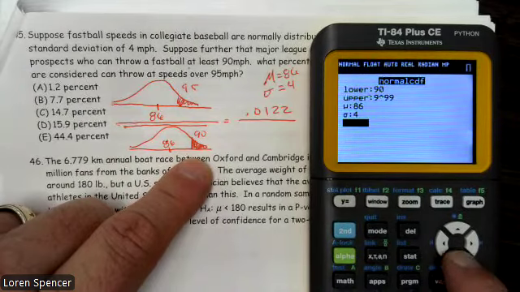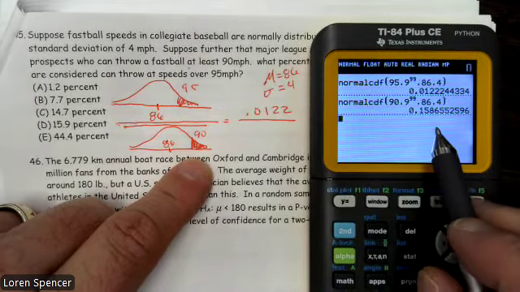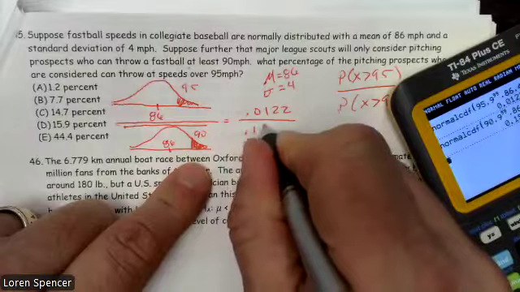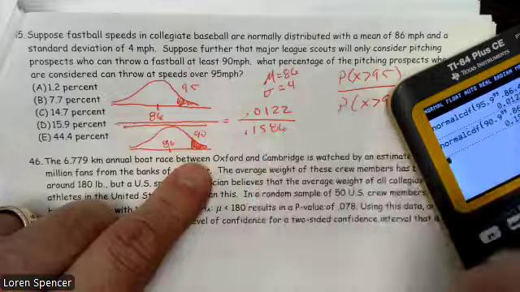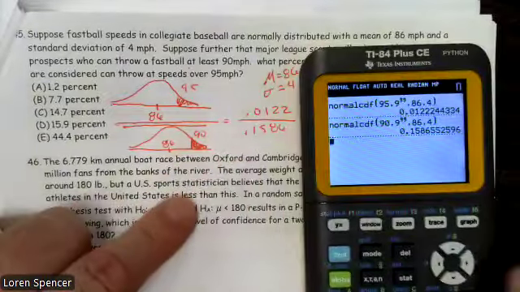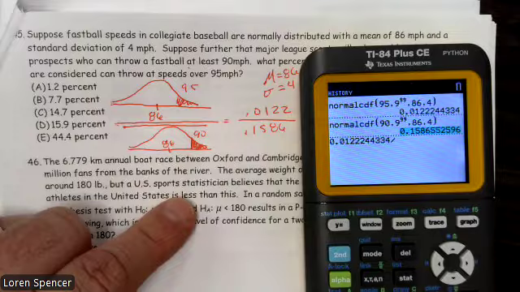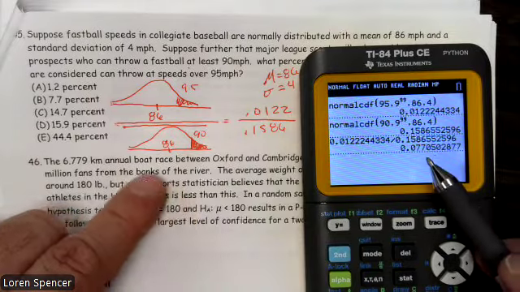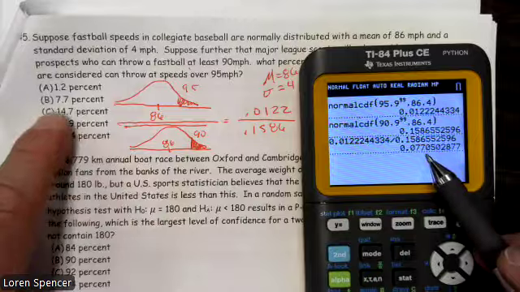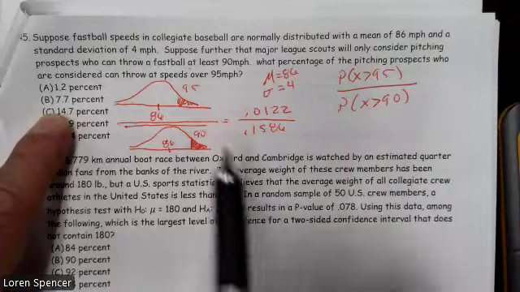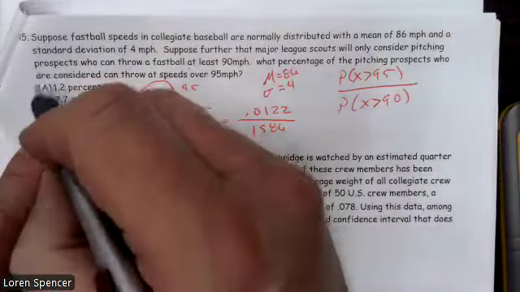Everything else remains the same. And I get 0.1586. Now we're going to have some rounding error. So it's this value divided by that value, and we get 0.077. So about 7.7%. Our answer choice for 45 is B.